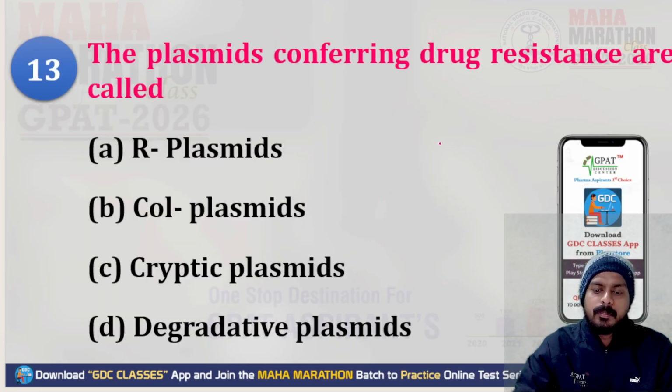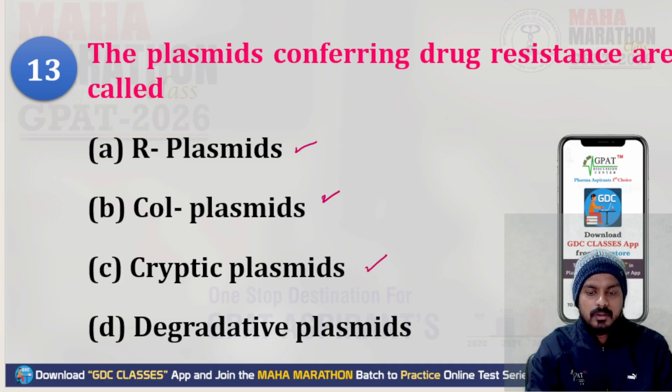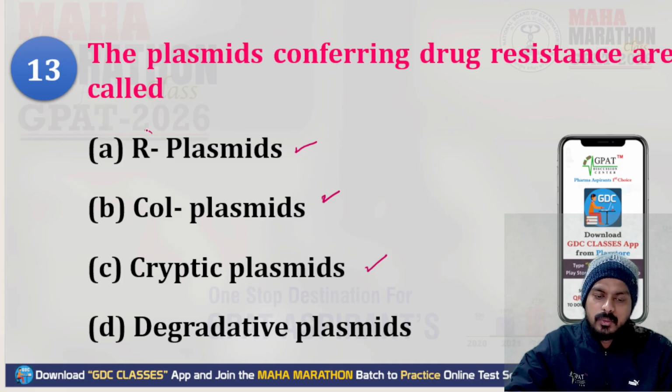Next question. The plasmid conferring drug resistance is called as R plasmid, col plasmid, cry plasmid, or degradative plasmid. Drug resistance. So R for resistance, R plasmid. So R plasmid stands for resistance, the drug resistance plasmid.